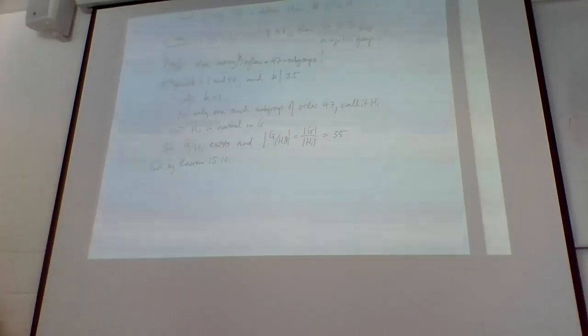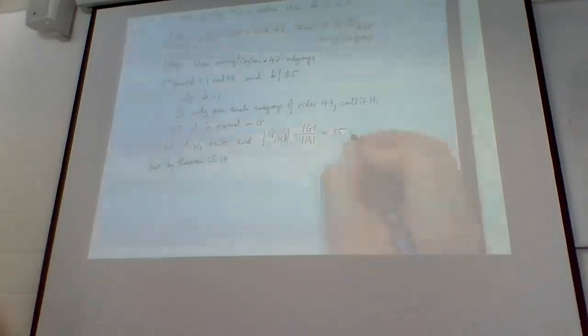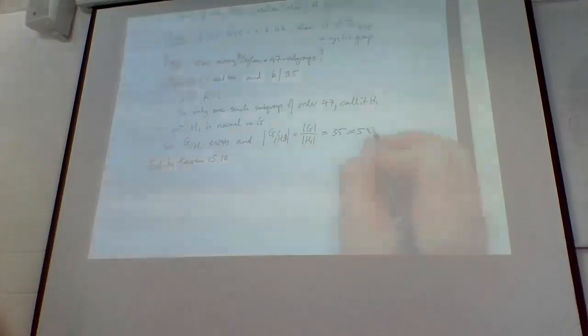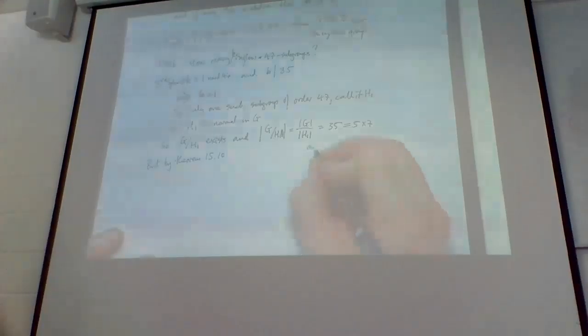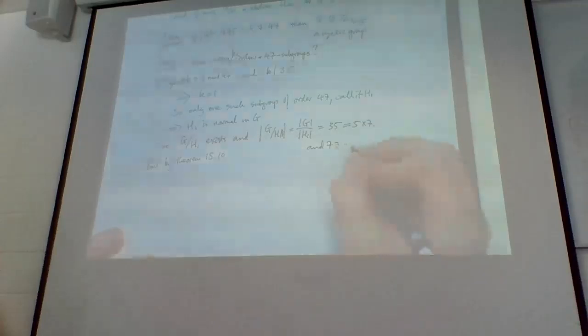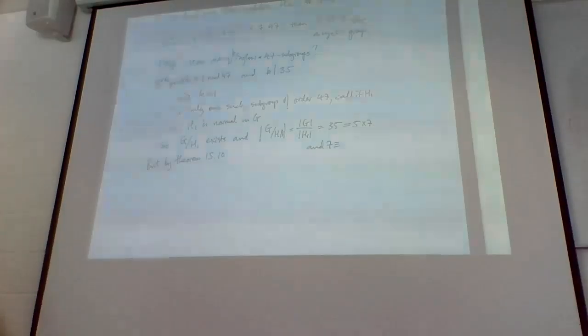Well, let's follow this through first, and then we'll see if we had to start with the prime 47. That's a good question. Anyway, theorem 15.10: you see 35 is the product of two primes, and the larger one is not congruent to 1 modulo the smaller one.